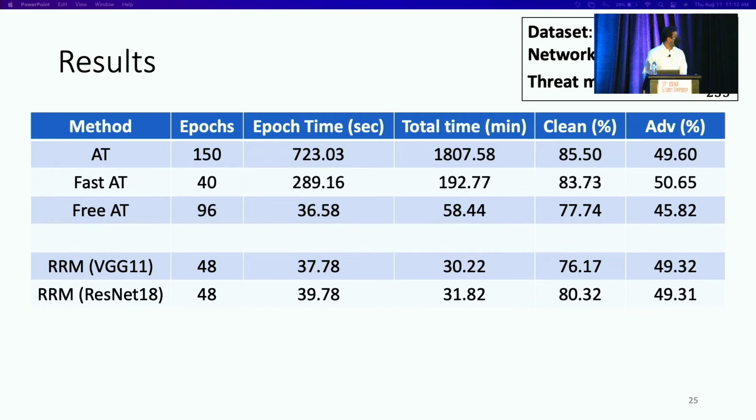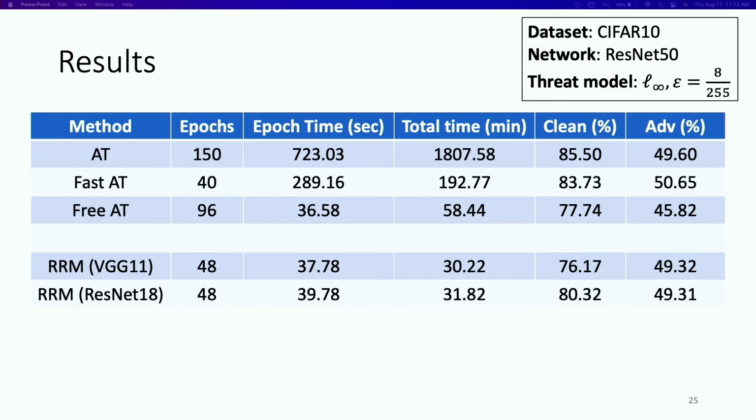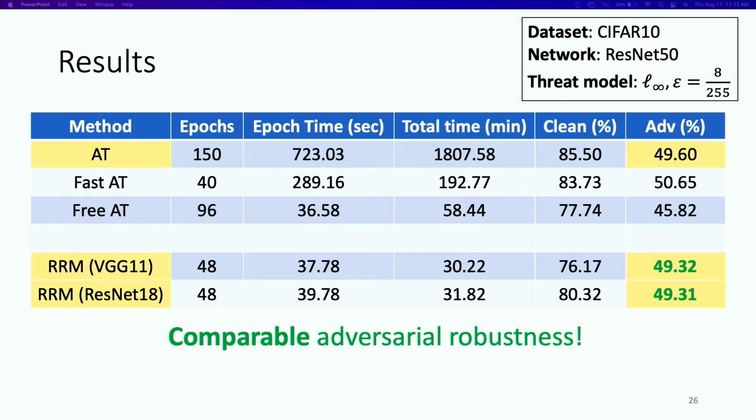All right, let's look at some numbers now. We've already seen the first 3 rows from the previous slides corresponding to prior works. And now I'm going to add 2 new rows for RRM, one using VGG11 as the teacher, and one using a ResNet 18 network as a teacher. As we can see, RRM trained classifiers achieve comparable adversarial robustness as vanilla adversarial training.